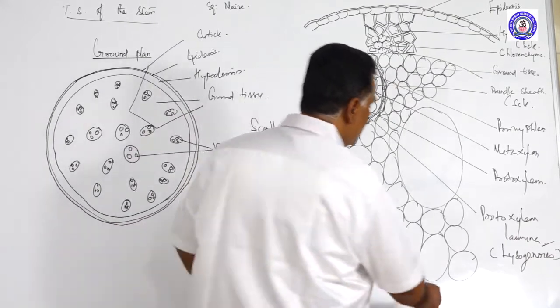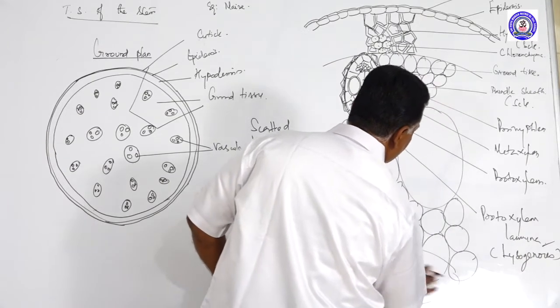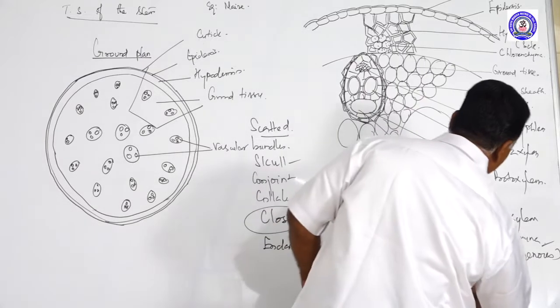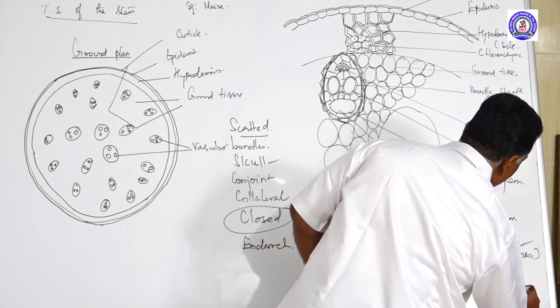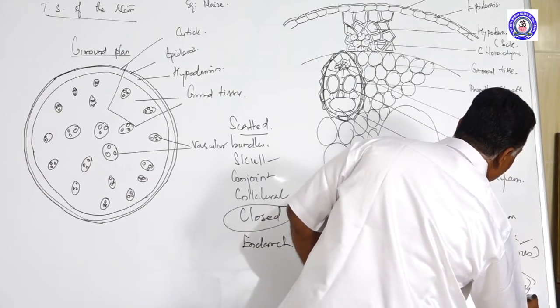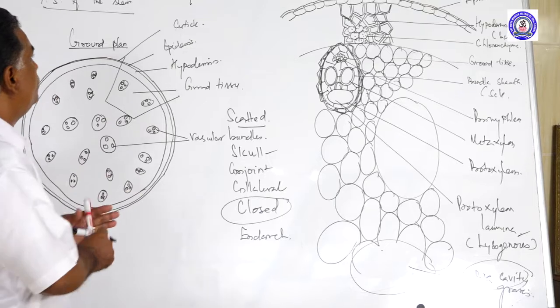The cells are disintegrated. This is also lysigenic. So this is the entire structure of the monocot stem.